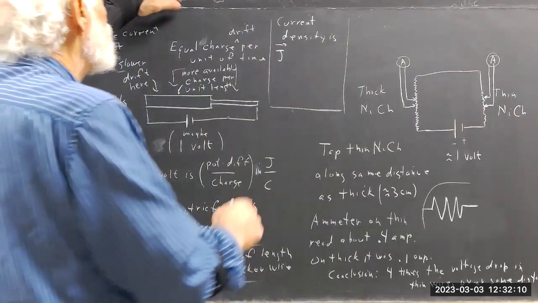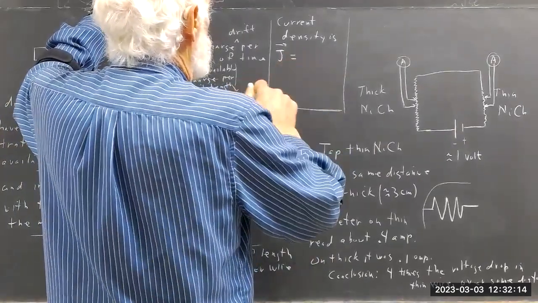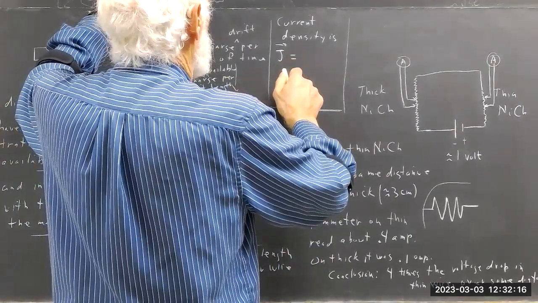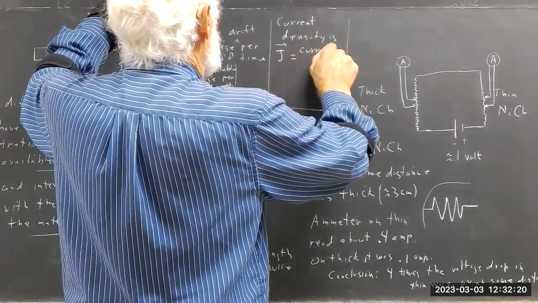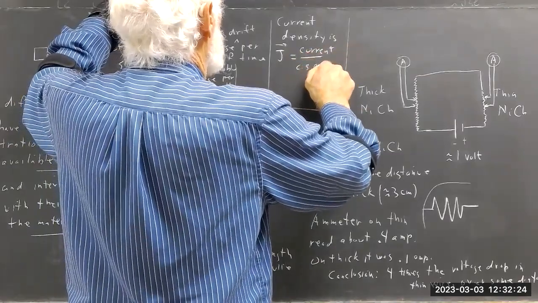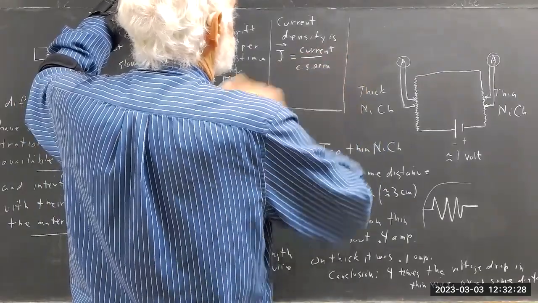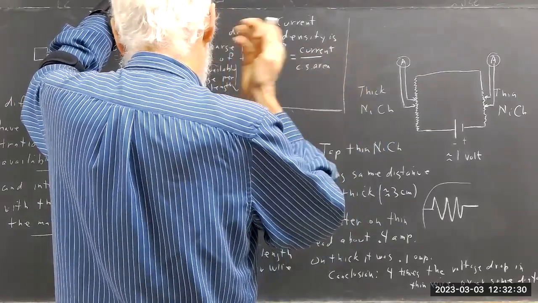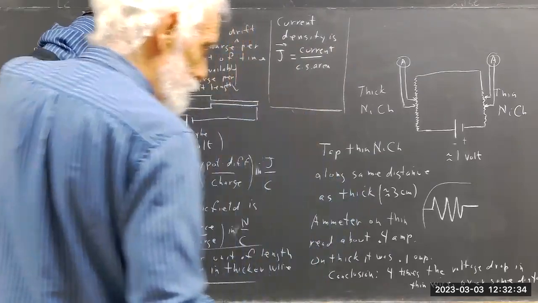Okay, we get it. All right. Current per cross-sectional area times a unit vector in the direction of the current.